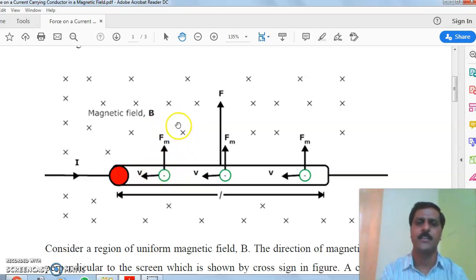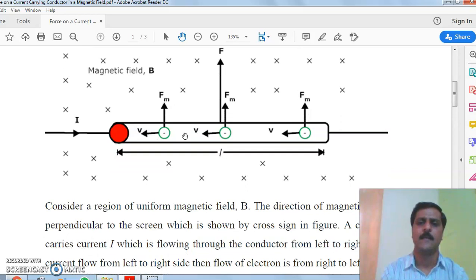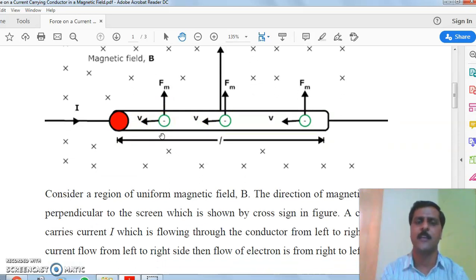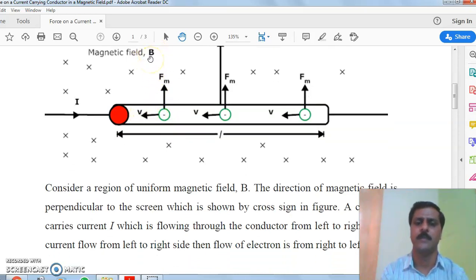Again, I repeat, the crosses represent the magnetic field perpendicular to the screen. Free electrons get drifted along the length, and the force experienced by these electrons is also perpendicular to the velocity v as well as the magnetic field B.